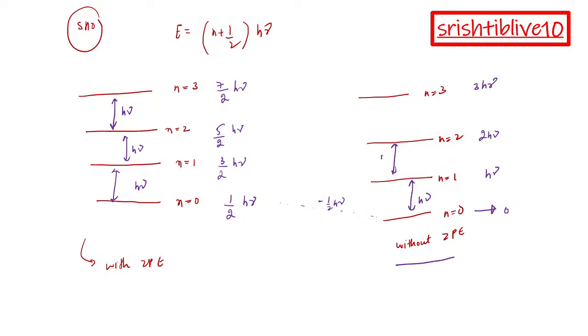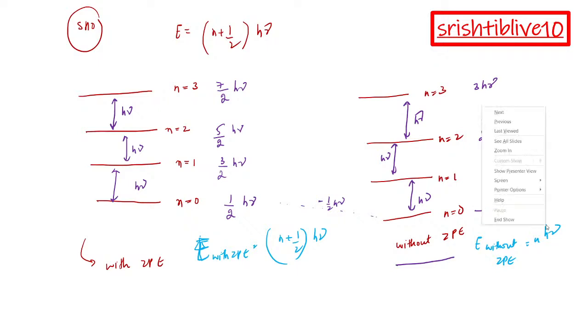So the energy expression of the SHO with zero point energy is (n plus half) h nu, and the energy expression of the SHO without zero point energy is n h nu.